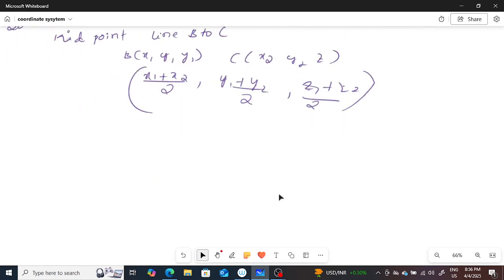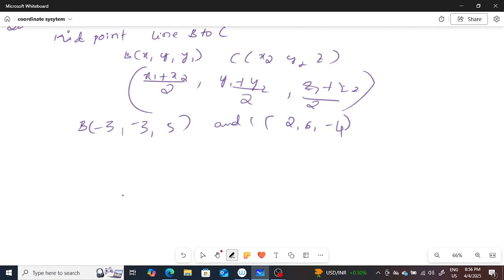What are the B and C points? B points are -3, -3 and 5, and C points are 2, 6, -4.